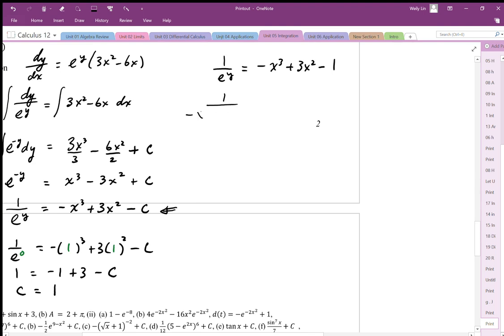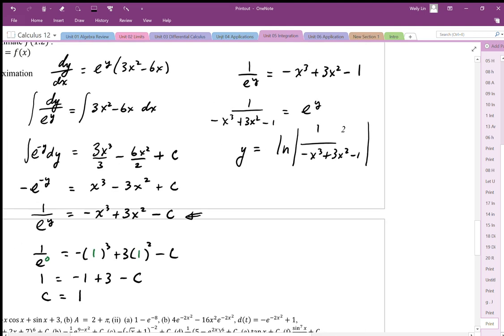So I end up with negative x cubed plus 3x squared minus 1 equals e to the y. I use logs to get rid of the e, so I end up with y is equal to log of 1 over negative x cubed plus 3x squared minus 1. Okay, so there's my solution to that differential equation that goes to that point.